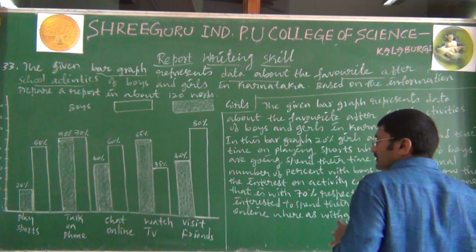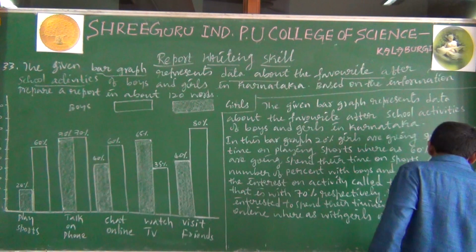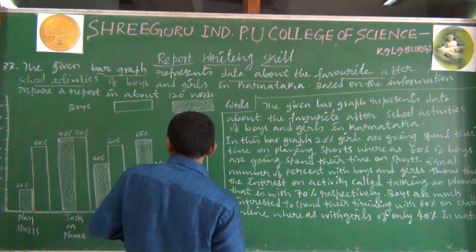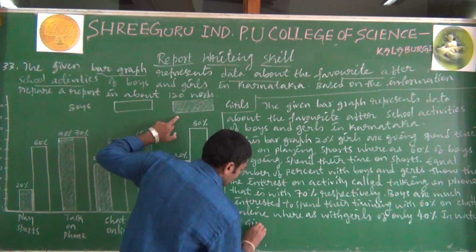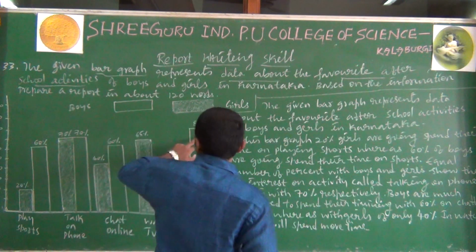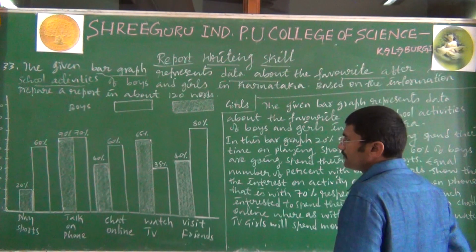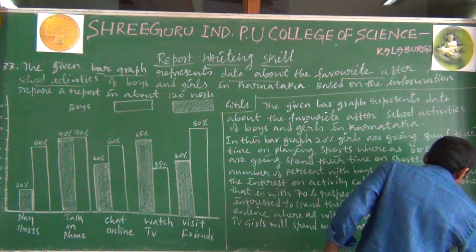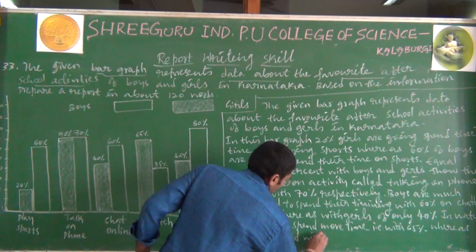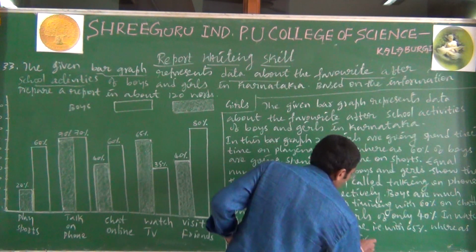And coming to the next interest or habit of the students, in watching TV, girls will spend more time, that is 65%, whereas boys will spend only 35%.